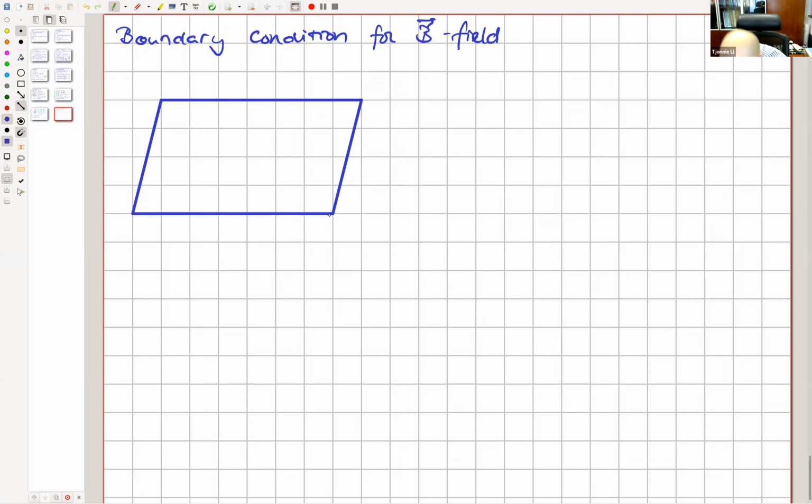And now we're going to put some sheet current density on it, and imagine this is some K. So there's some current per unit length flowing through the surface.